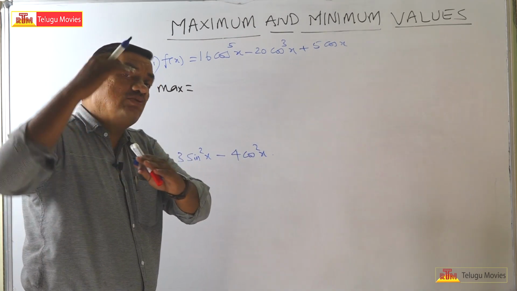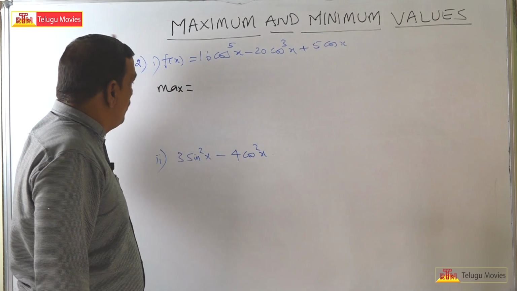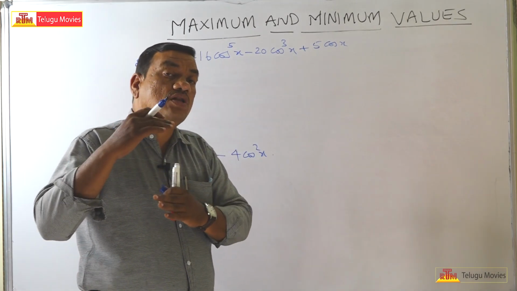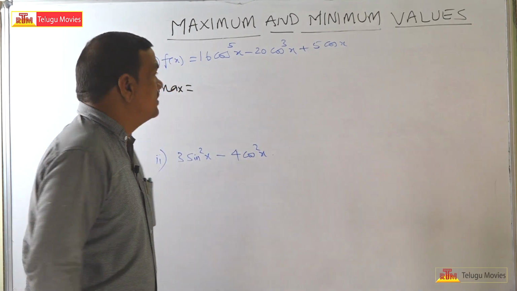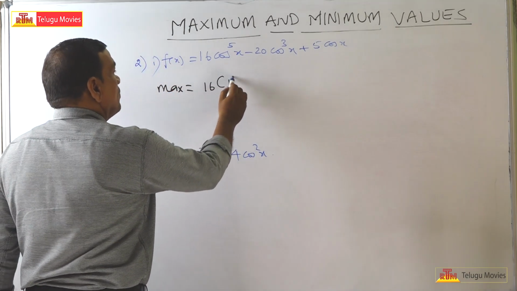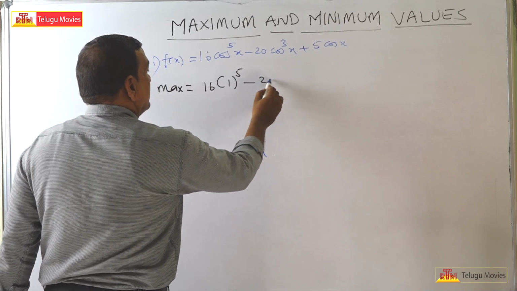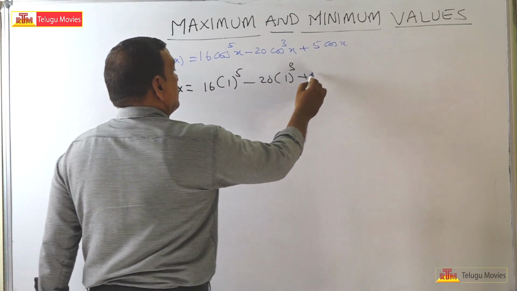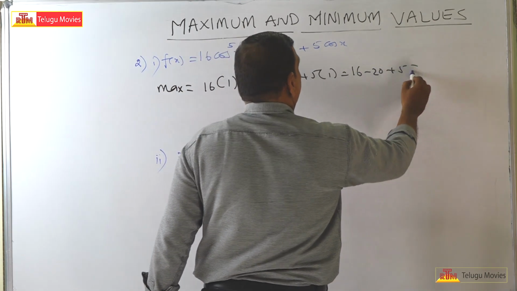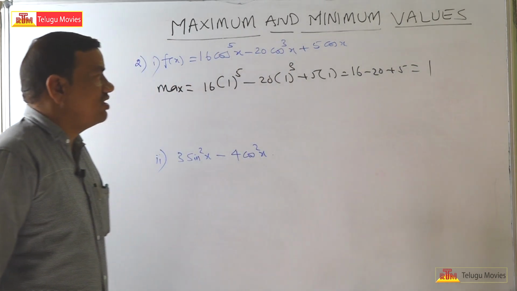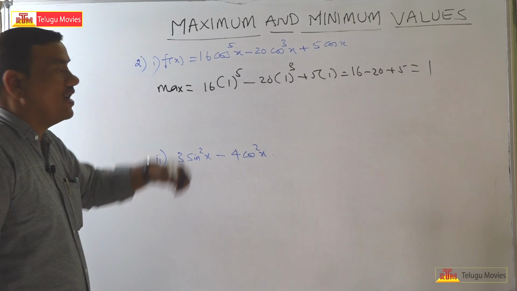Because the maximum value of cos x is 1 only. Therefore, this function will also attain maximum value when cos x is equal to 1 only. That's why 16 into 1 to the power of 5 minus 20 into 1 cube plus 5 into 1, that is 16 minus 20 plus 5, 16 plus 5, 21. That is the maximum value.